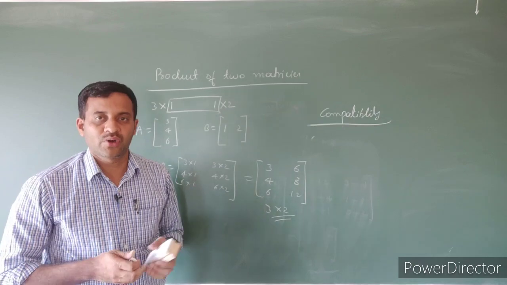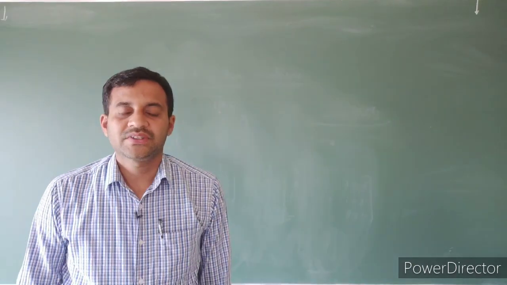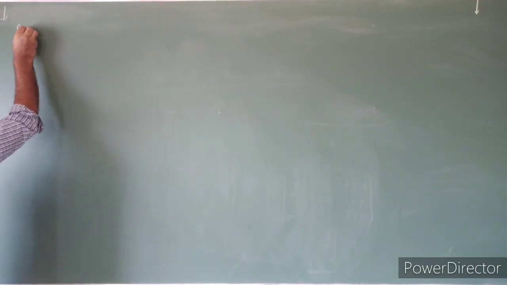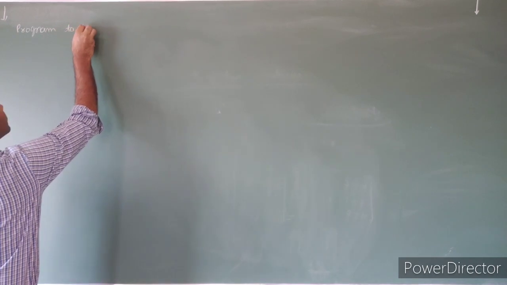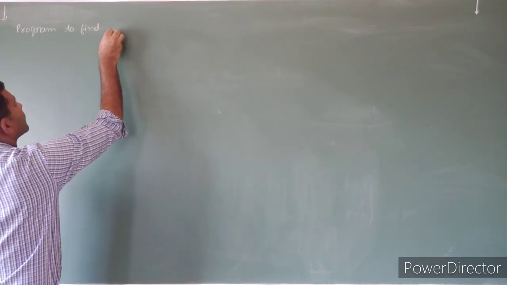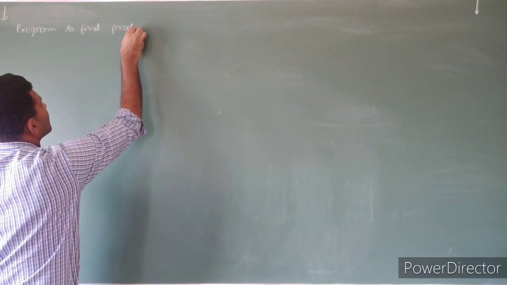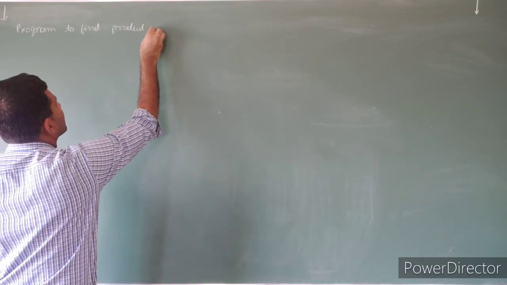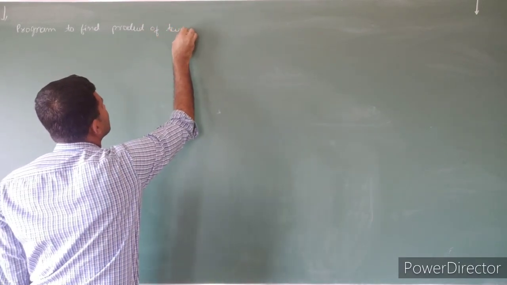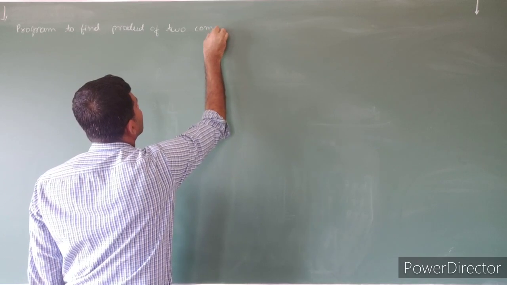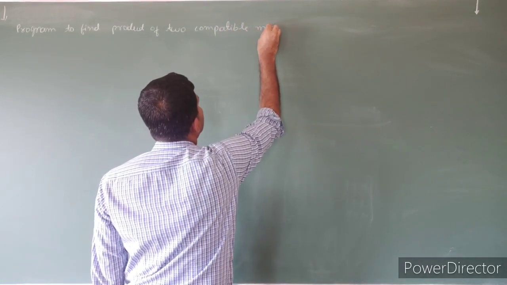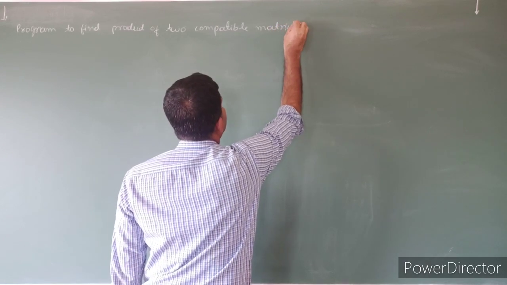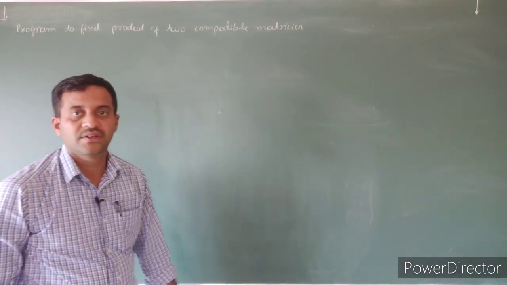Let's see the program. First write a problem statement, that is, program to find product of two compatible matrices.